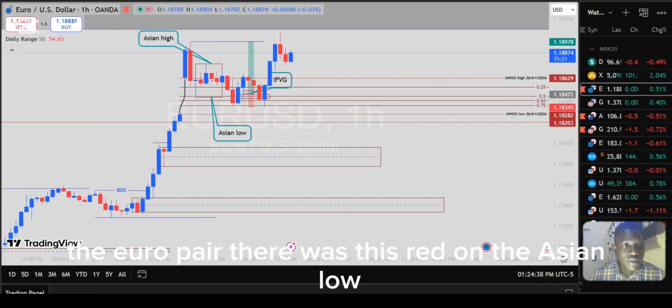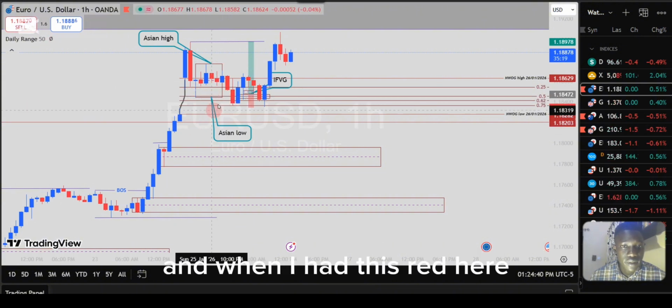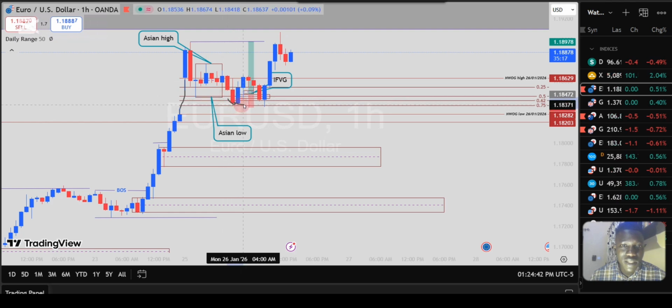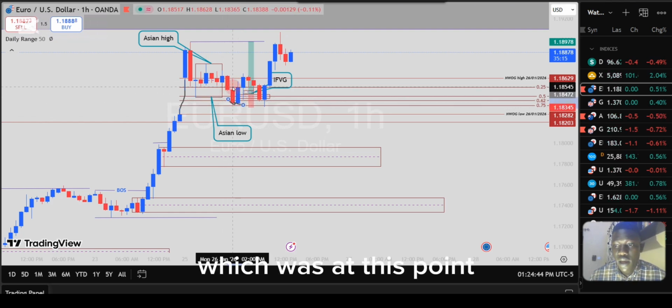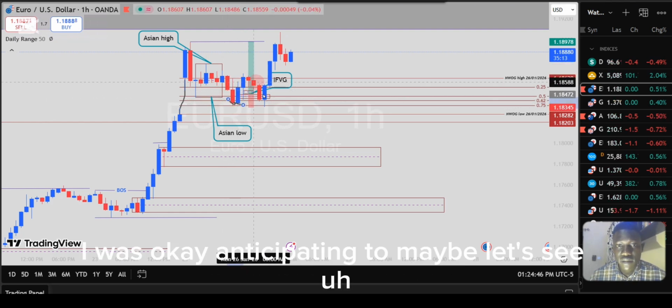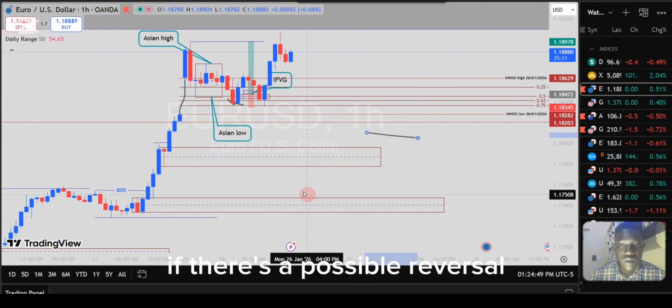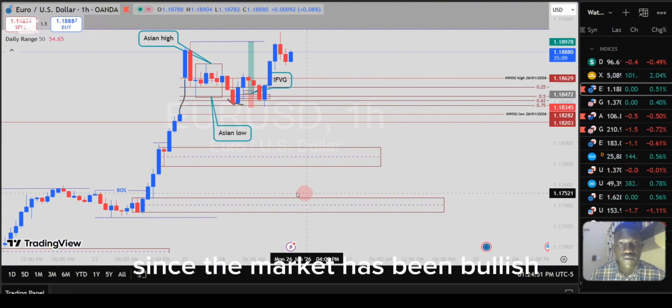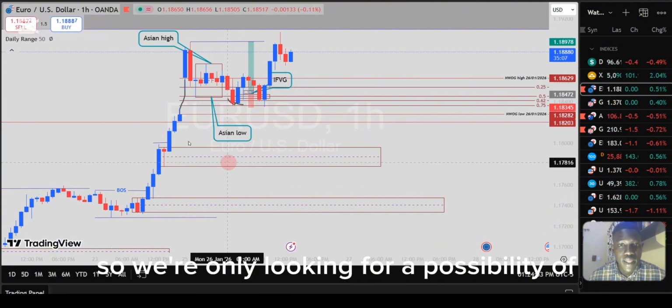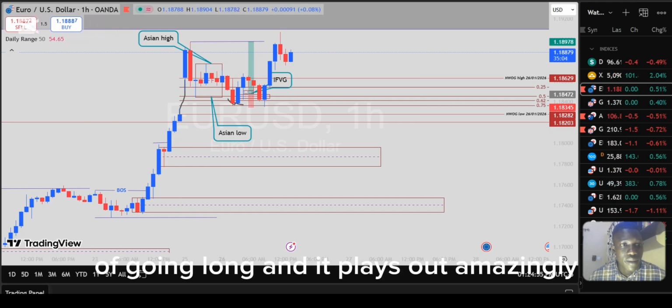When I had this raid here, at this point, I was anticipating a possible reversal, since the market has been bullish. So we're only looking for a possibility of going long, and it plays out amazingly.